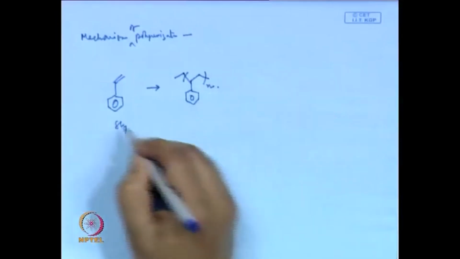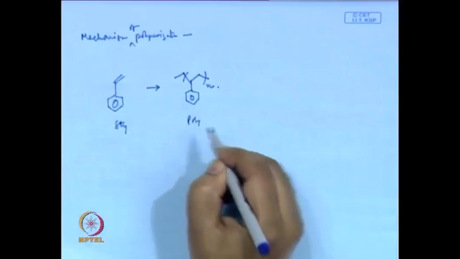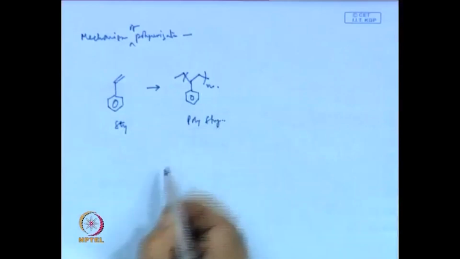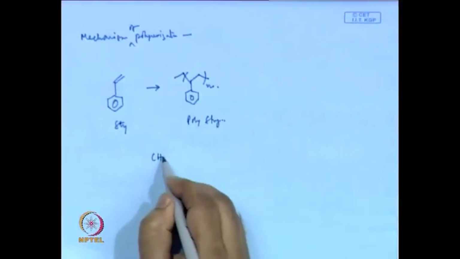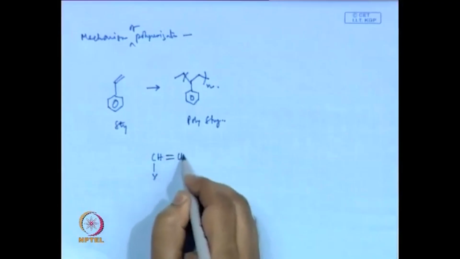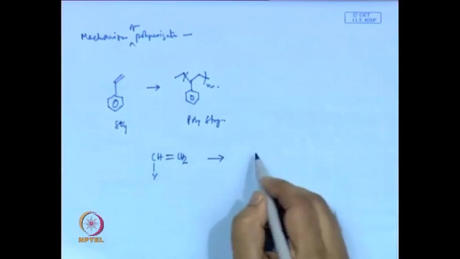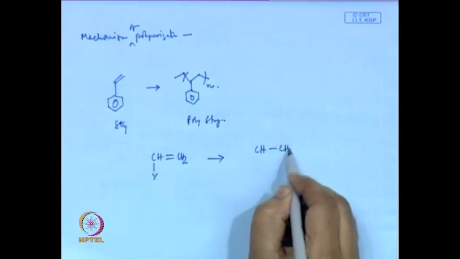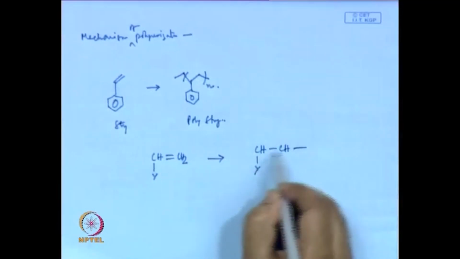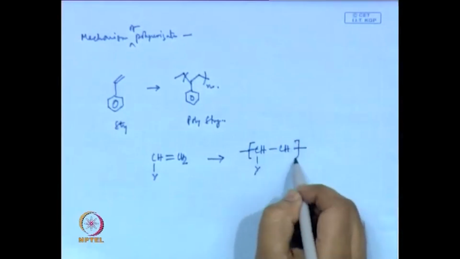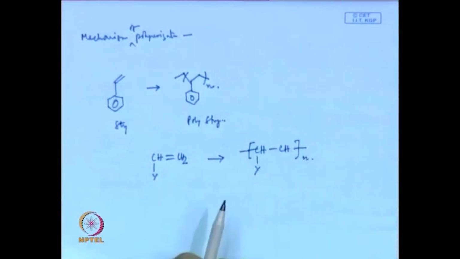You get polystyrene. I can write a general structure like this: CH, CH2 gives a polymer. Now, how do you think that these polymers are formed?